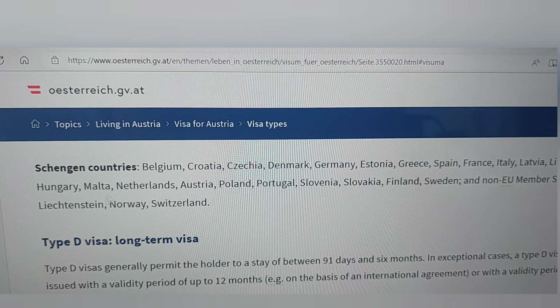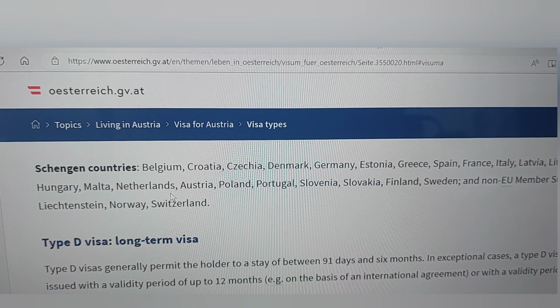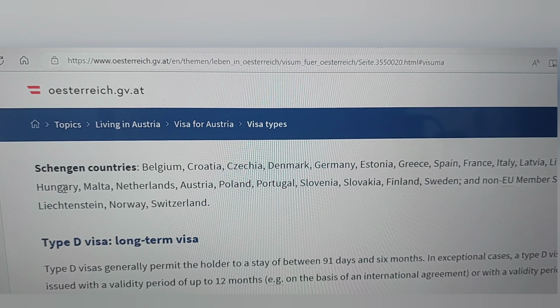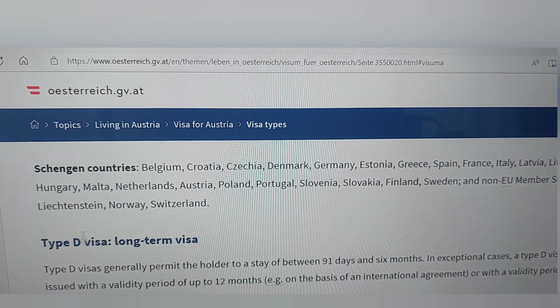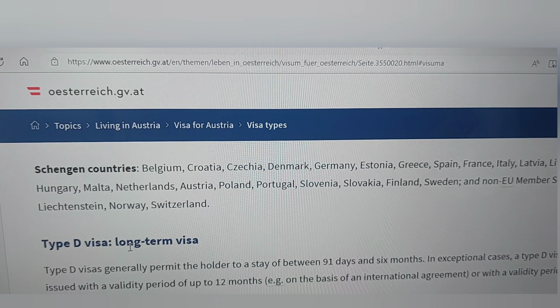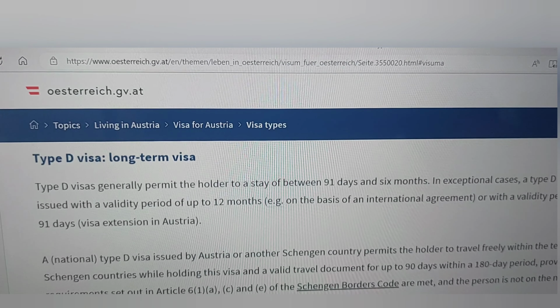These are the Schengen countries that you can use visa C type and visa D type to enter. So let's move forward.